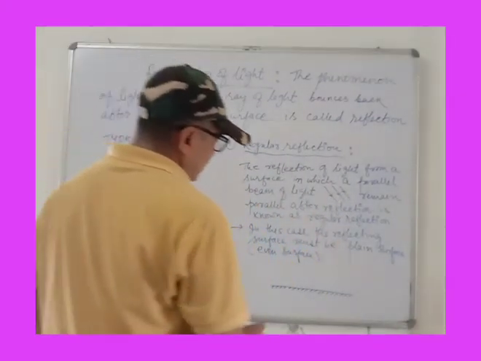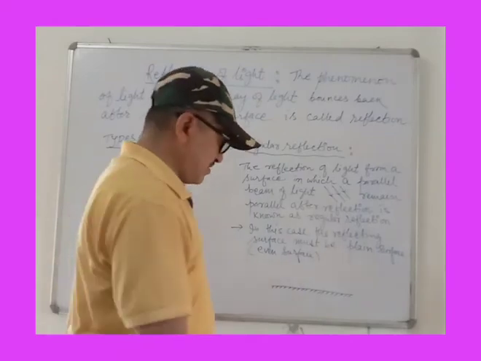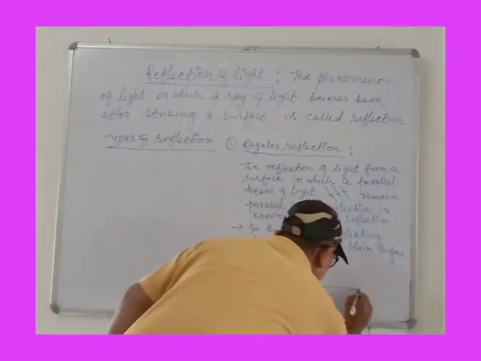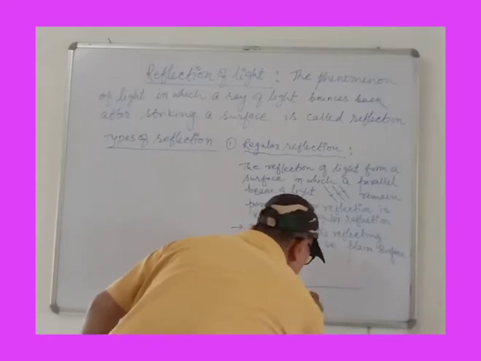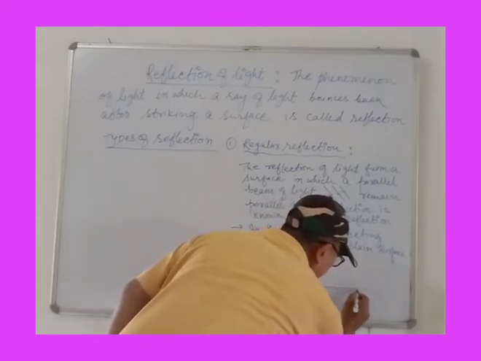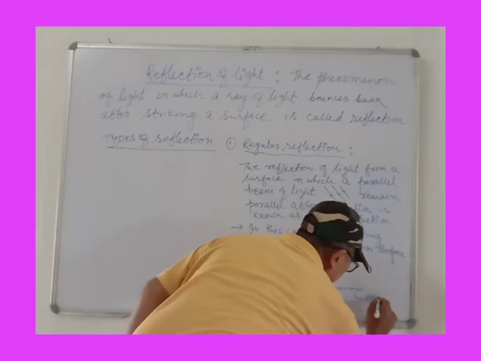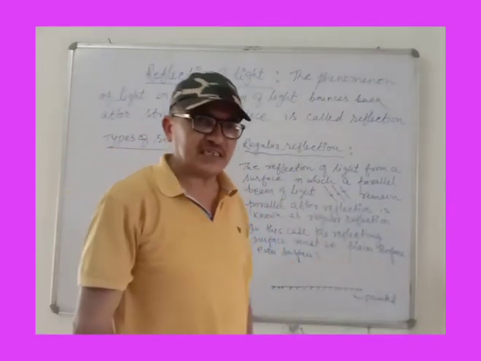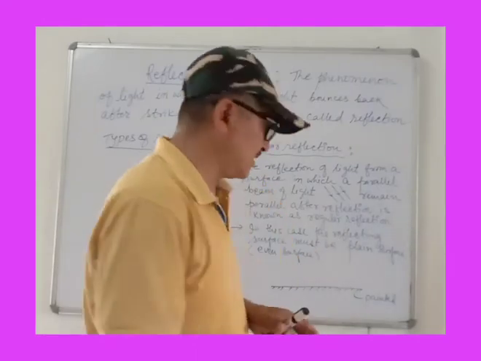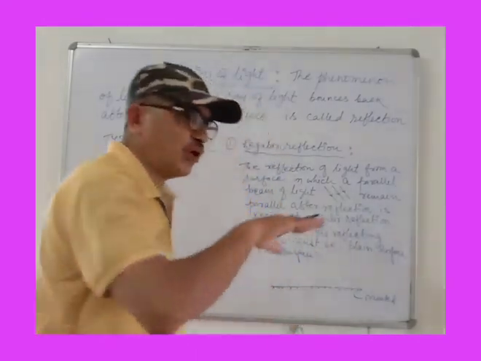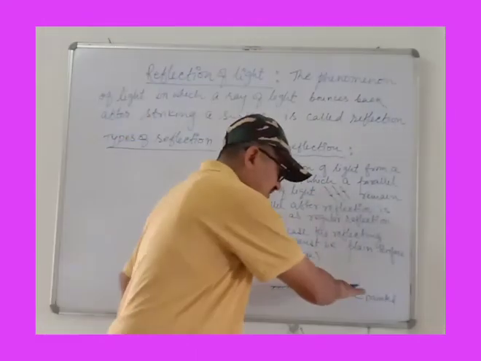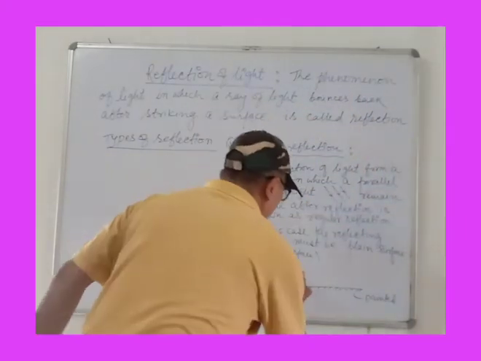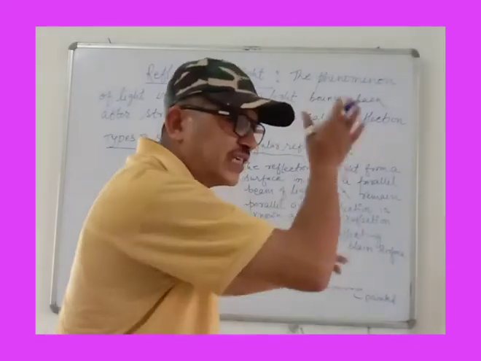Mirror is a glass, plain glass, where one side is painted to block the passage of light, and one side is polished to provide a smoother surface, so that regular reflection takes place.